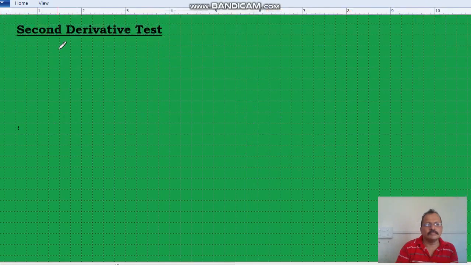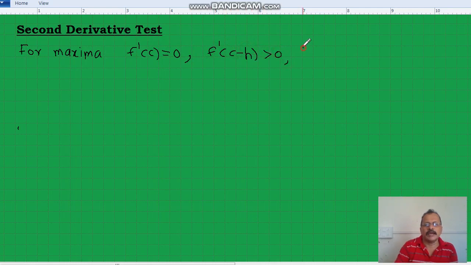Let us see the second derivative test. To establish this test, I need the first derivative test to explain it to you. For using the first derivative test for maxima, we must have f dash c is equal to 0. Second thing, f dash c minus h is positive, and f dash c plus h is negative.